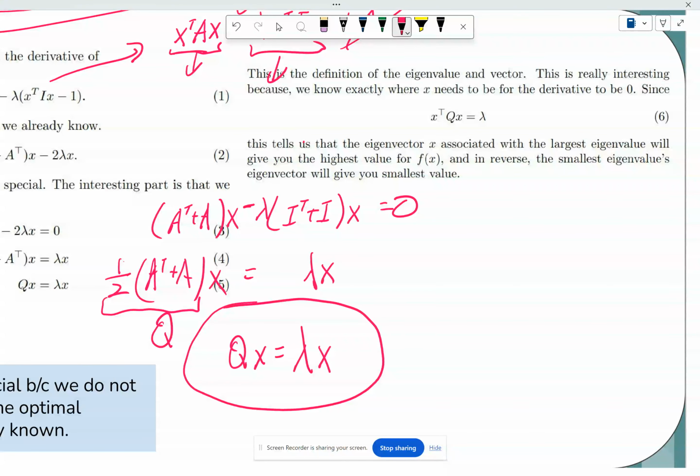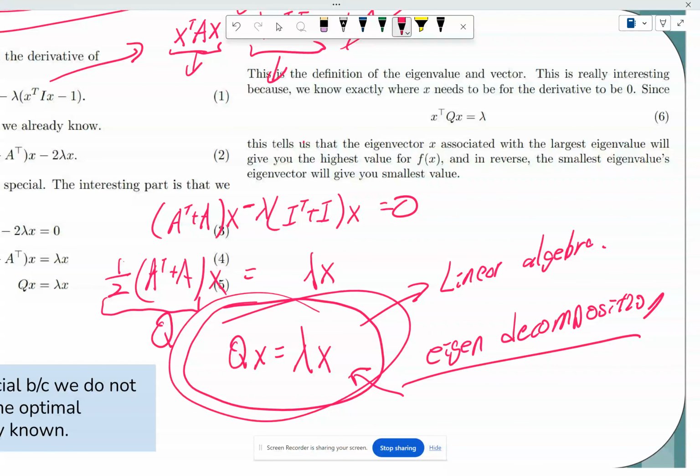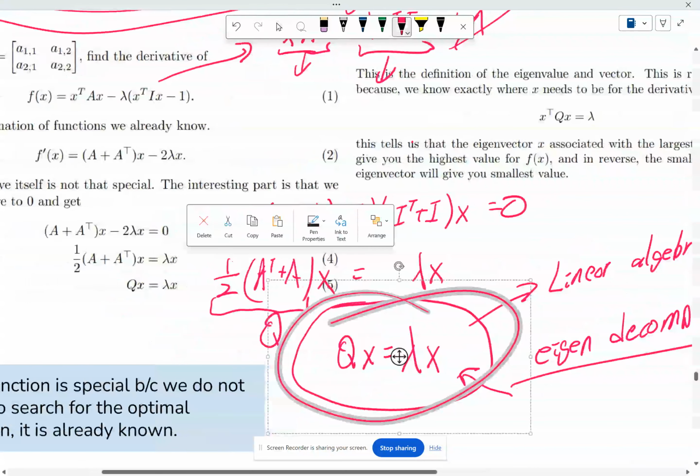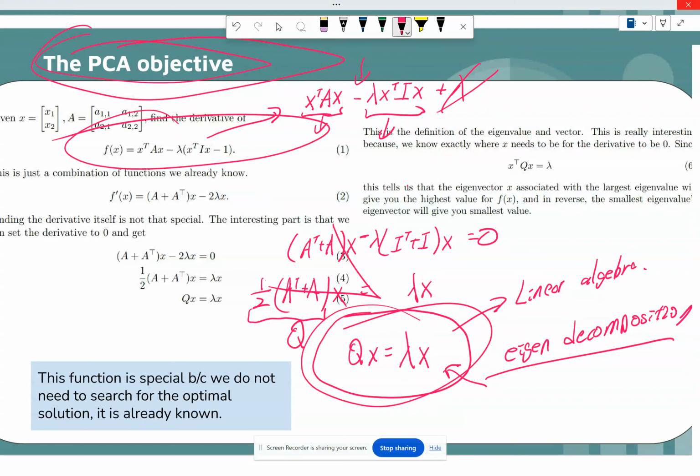Now, for those of you that have taken linear algebra, you will recognize this as the eigen decomposition. And this turns out to be the solution for a lot of problems. So knowing how to take derivative of this will help you later on doing this. So for now, you just need to know how to take derivative. Okay.